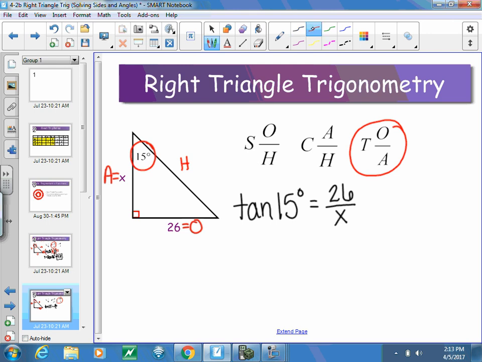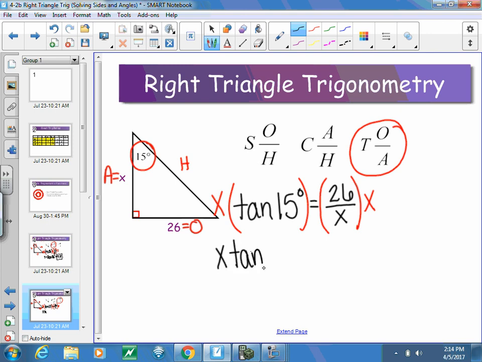Now be really careful as you're solving a problem like this, because in the previous one we had x in the numerator. Here we have x in the denominator. So if we're going to solve for x, we need to get it out of the denominator first. So multiply both sides by x. We now have x times the tangent of 15 degrees is equal to 26.